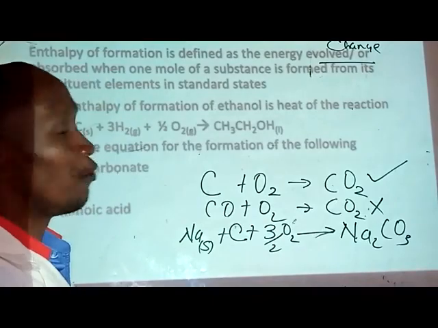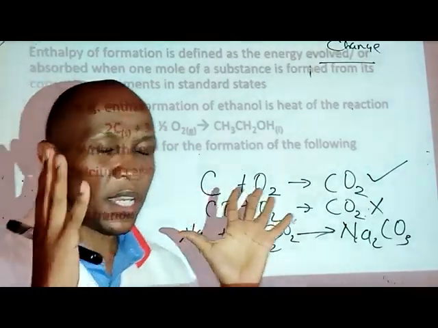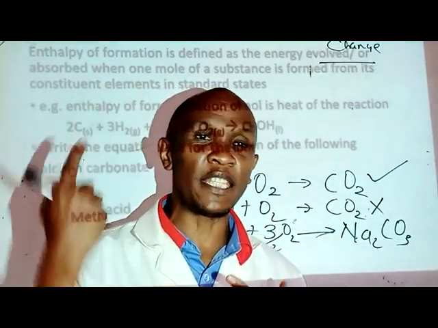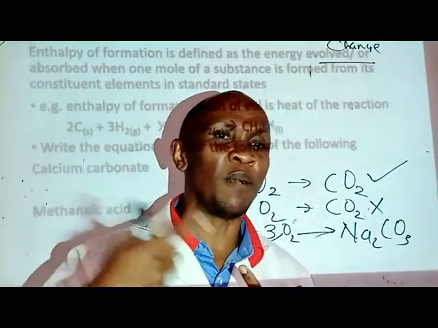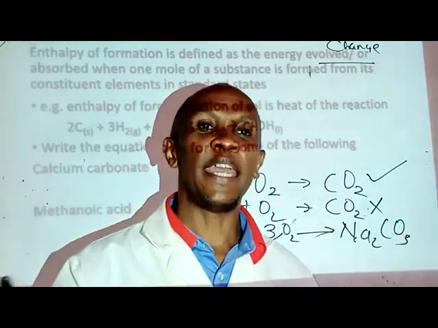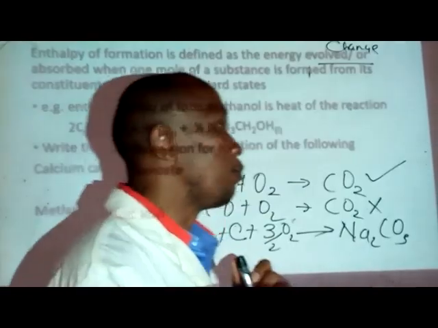That is the enthalpy of formation of a substance. Remember, the most important thing in that definition is that the compound must be formed from elements, and not from any compound.